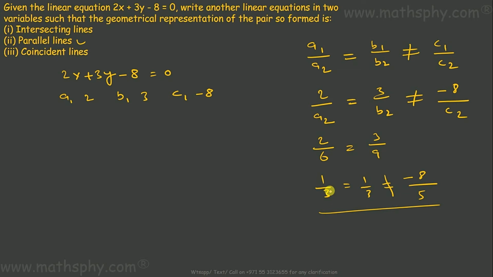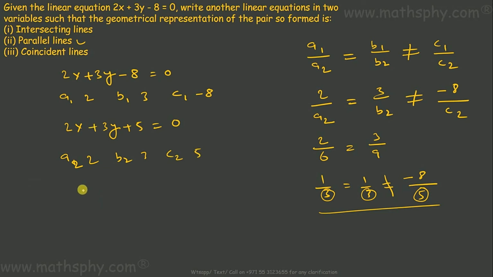So my x coefficient is 2, y coefficient is 3. So I'll write 2x plus 3y, my c2 is 5, plus 5 equals 0. a2 is 2, b2 is 3 and c2 is 5.